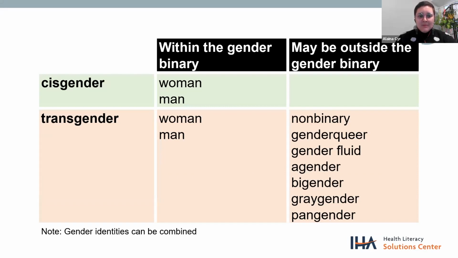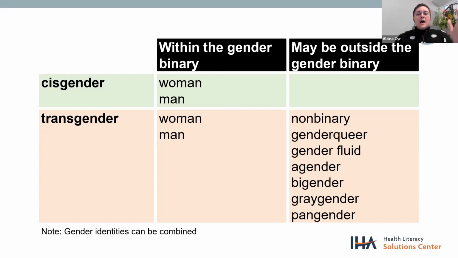So when it comes to different types of genders, traditional thought is that gender is either man or woman, but we know there are so many genders that fall beyond the binary. And by textbook definition, a gender that falls outside of the binary falls under the transgender umbrella, but I want to caution that not everyone who identifies as one of these genders will consider themselves transgender or trans.